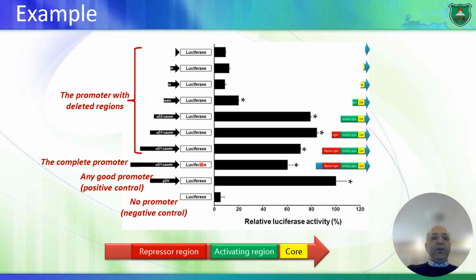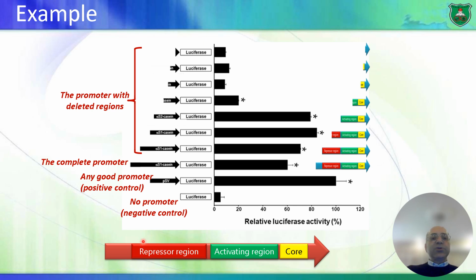the recombinant DNA that contains the luciferase gene, and I place the promoter that I want to study. The complete promoter, this whole thing that contains the core promoter, the activating region, the repressor region. And I start creating different fragments of this right here.